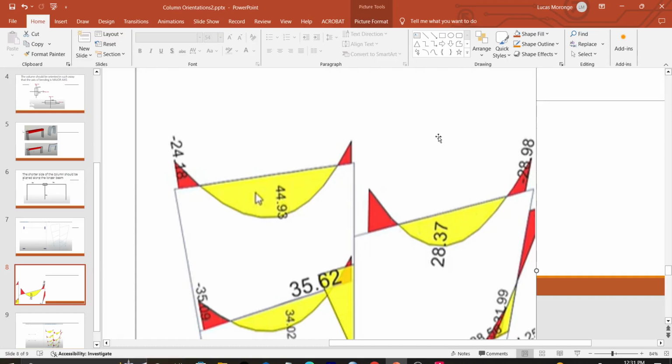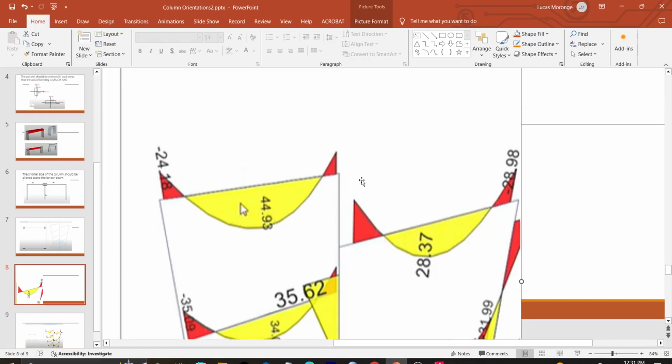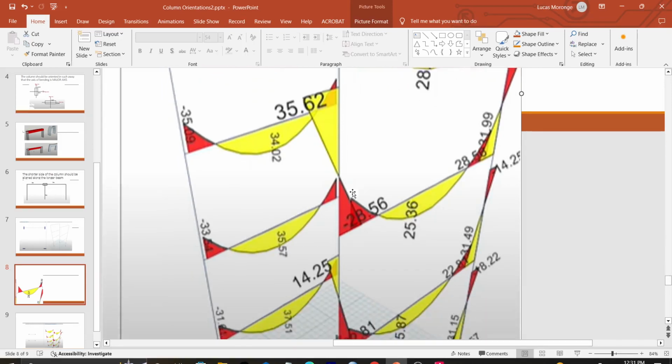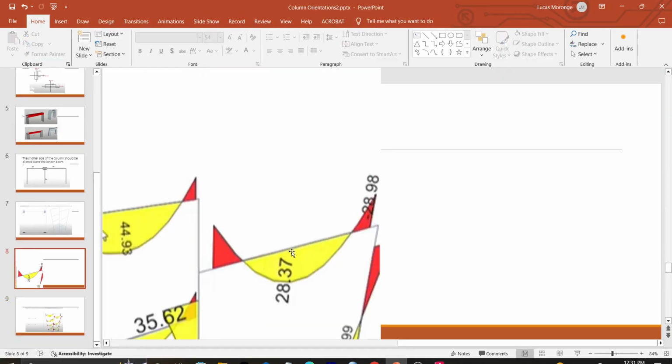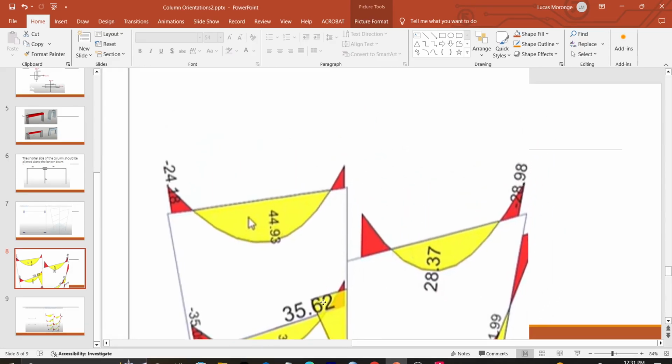Just orienting columns correctly can improve the structural integrity of a building and at the same time save on cost. As a structural engineer, you should ensure that before you do anything, your orientation of columns is done properly, so that you reduce the bending moment, which will make your building structurally more sound, save on cost, and you don't over-reinforce.